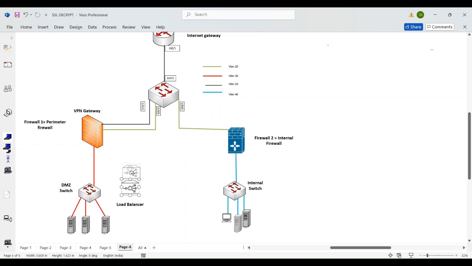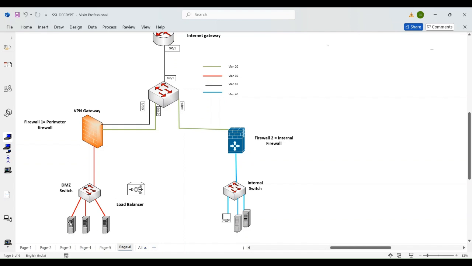You can also have a load balancer, right? So if you have HTTPS servers or other servers which are exposed to the external world for the users, in that case you can have a load balancer which will give resiliency to these servers, right?